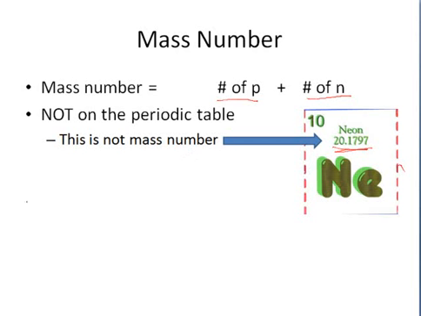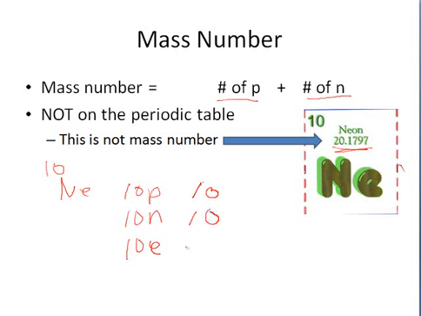So let's just show you what that means. If I have neon, and it has an atomic number of 10, and let's say it's got 10 protons plus 10 neutrons, and if it's neutral, it will also have 10 electrons. And let's say I identify the protons as each having a mass of 1. That's going to be a mass of 10 for those 10. It's going to be a mass of 10 for these 10.